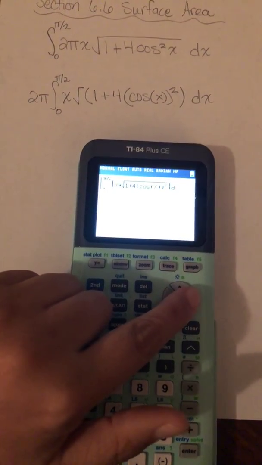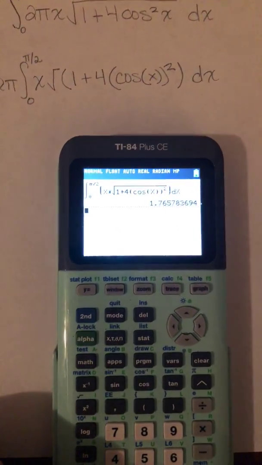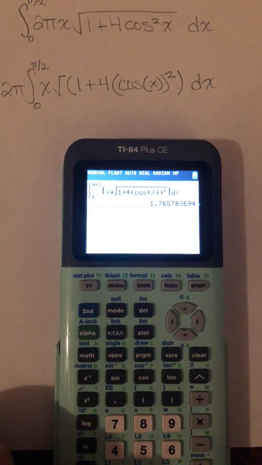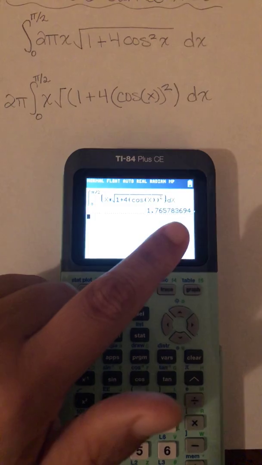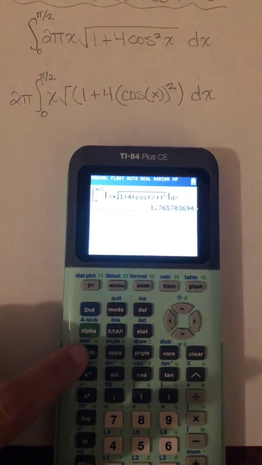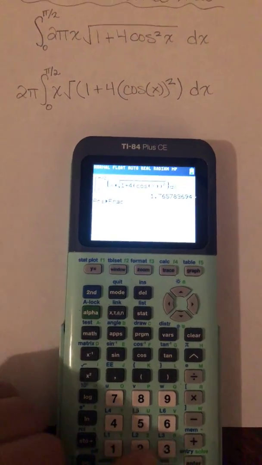And then I'm going to tell it we're integrating with respect to x. And this one does not come out to be a nice rational number. If it did, it would either be a terminating decimal or a repeating decimal, and those you can go to Math option 1 and change into a fraction.